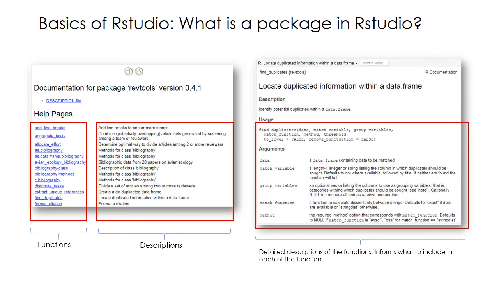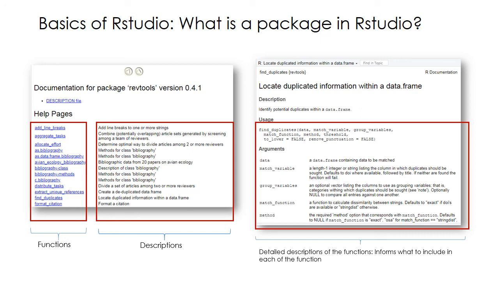If you click on the blue link, for example find duplicates, it explains further how to write the script, and what information you have to give in order to run the analysis. For example, for find duplicates, data, match, variable.